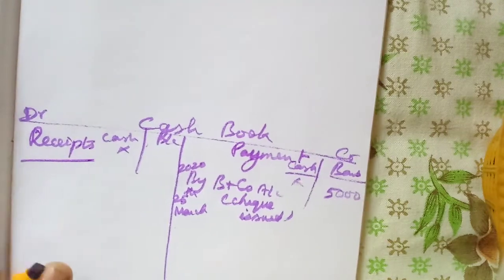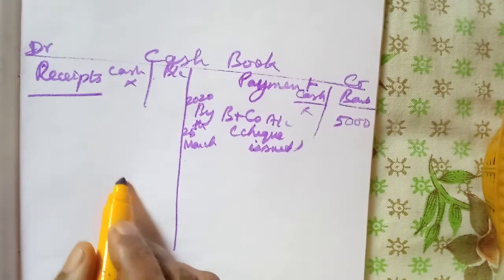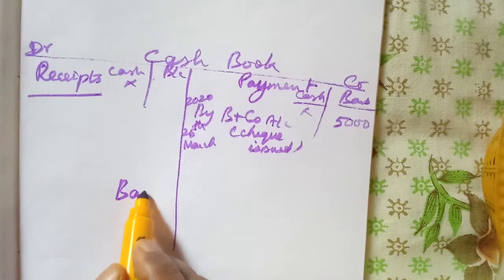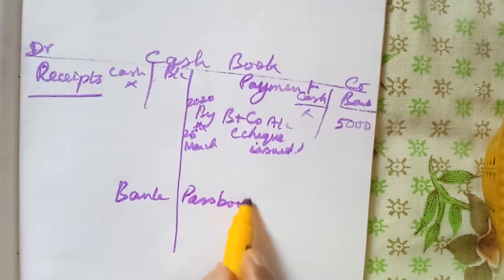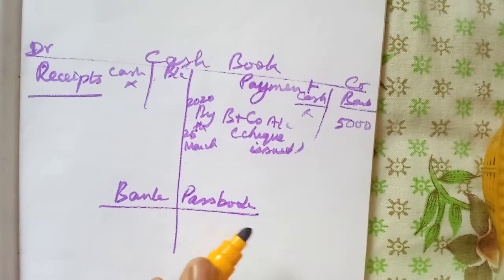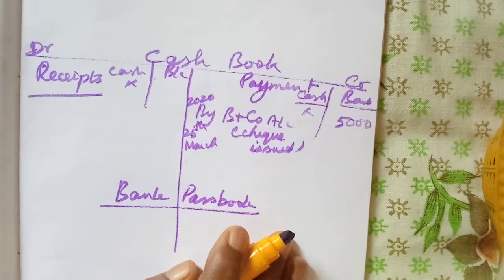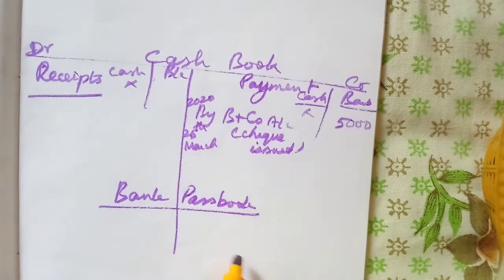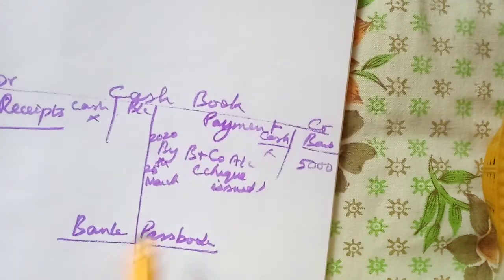But when the bank will enter in the bank passbook, that means the bank statement, once that check has gone to the bank for payment, that is a check issued but not presented for payment.